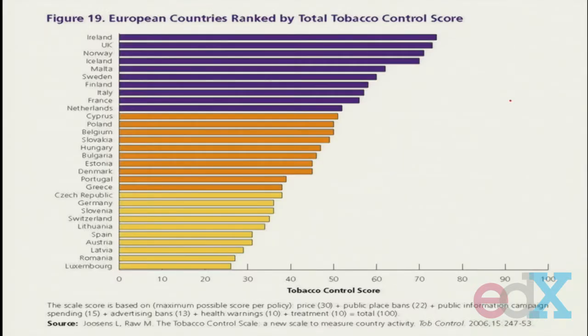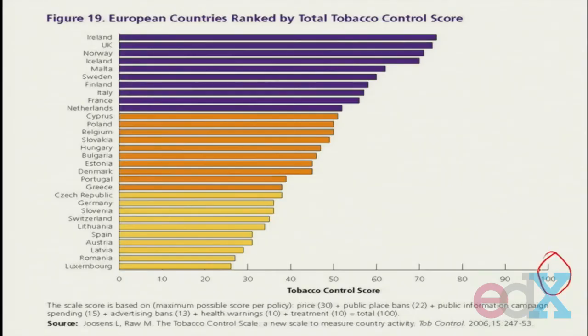Or we could just do a total graph of all of this. Here are some bar charts displaying how European countries were ranked by total tobacco control score. The score adds up to 100, and each country is judged by how much they're doing in trying to achieve tobacco control.